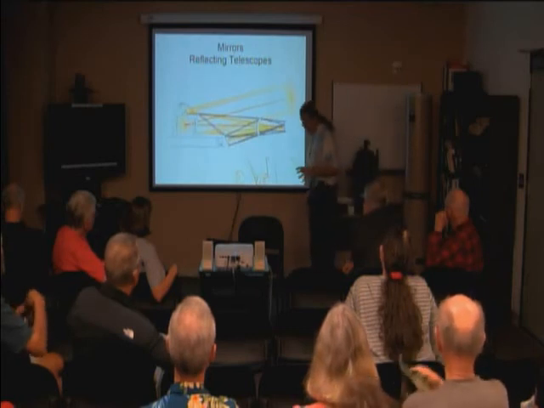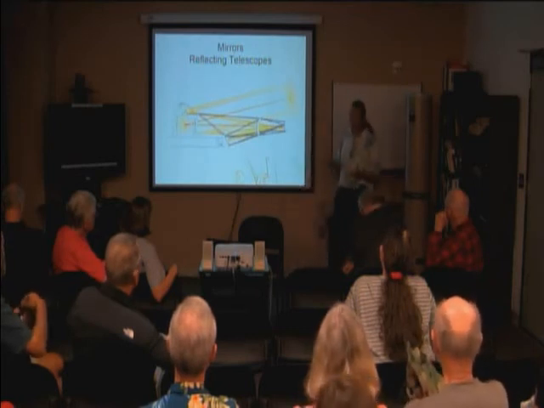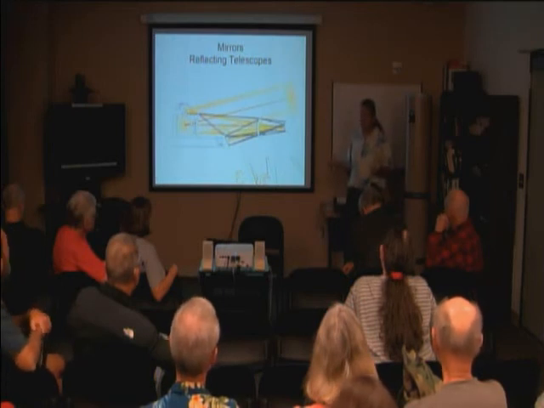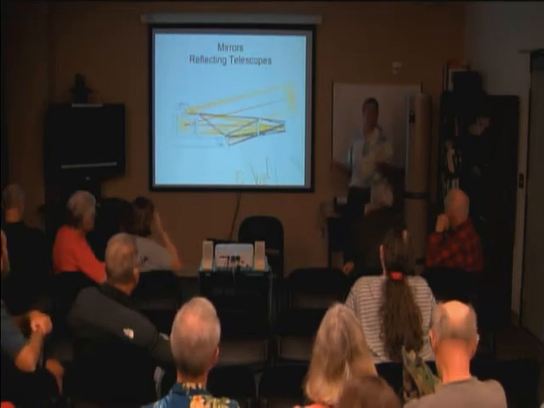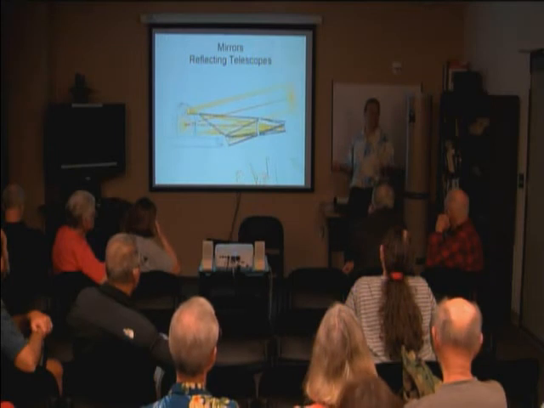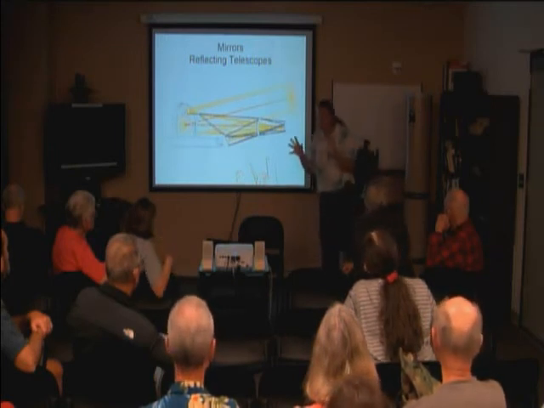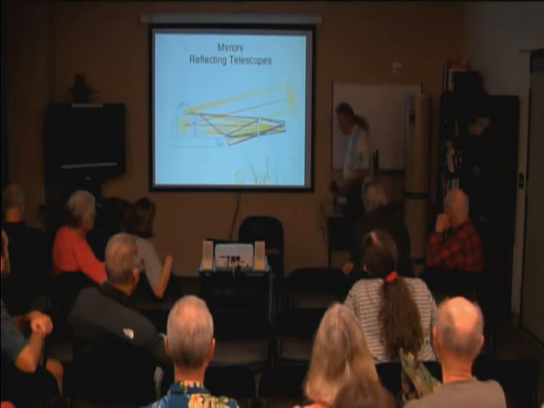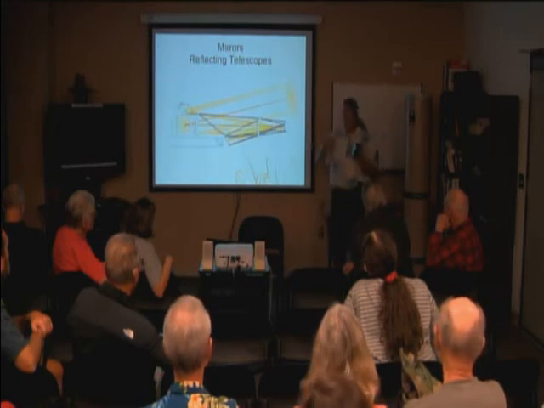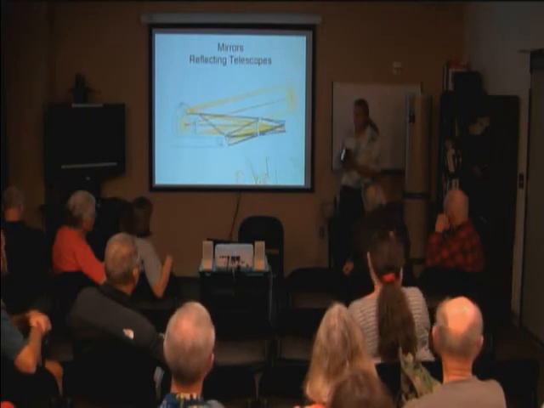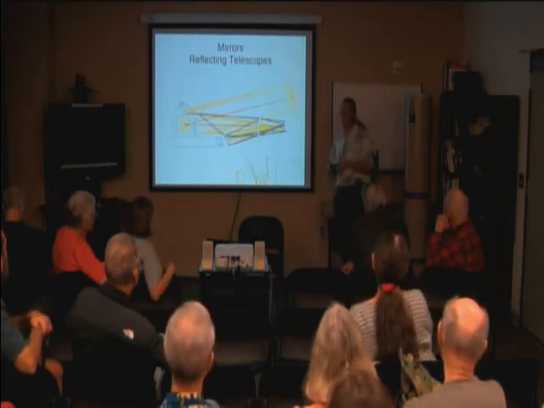One of the projects that I'm aware of is a sparse aperture. It's basically about 3 or 4 small mirrors that bring the light together, with a lot of space in between.